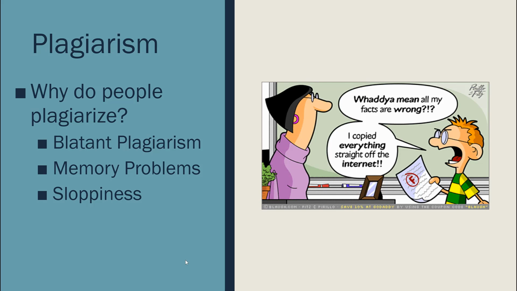You see this often in book publishing. However, even though it's caused by a memory problem, it is still plagiarism. And finally, sloppiness. Some people just get lazy and don't try to see where the quotes they found came from, and if they are direct quotes or in their own words. Whatever the reason, make sure you don't plagiarize.